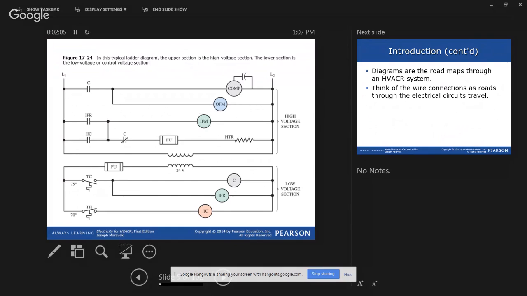Yeah, I would say that's definitely a possibility, though my only hesitation would be that usually when you see an L2, that's another leg of 120, so a different phase. From my experience in schematics, usually you'd see an N on this side if it was a 120 volt circuit, to indicate a neutral. There are sometimes where L2 and N mean the same thing, but without having that indication.